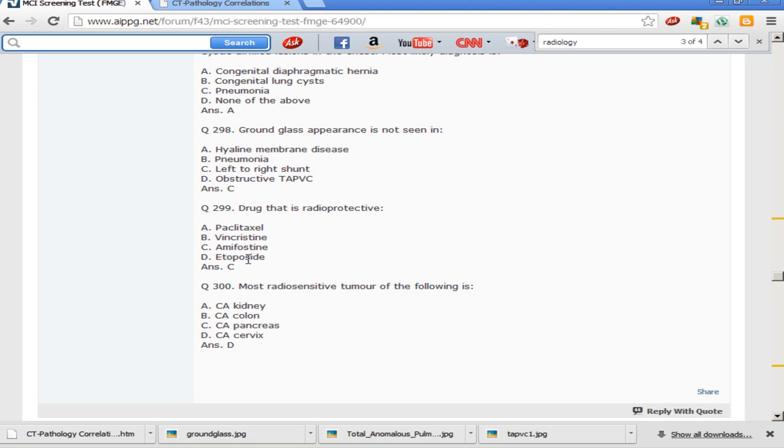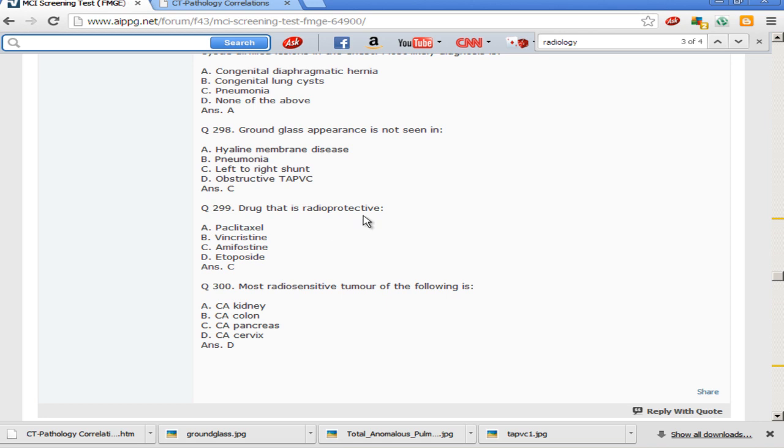Radioprotective agents are agents which protect the cell against the toxic effects of radiotherapeutic drugs or radiotherapy. So amifostine is a drug which is a radioprotectant. There are other drugs.